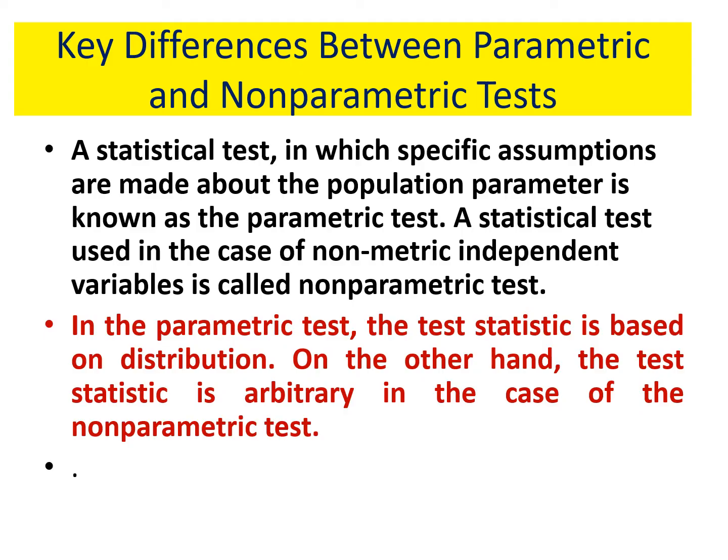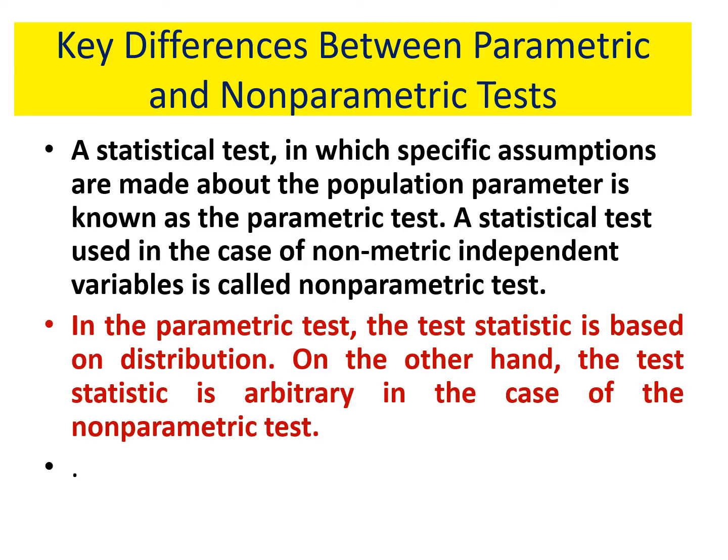So the key differences between parametric and non-parametric tests: statistical tests in which specific assumptions are made about the population parameter are known as parametric tests. The statistical test used in the case of a non-metric independent variable is called a non-parametric test.